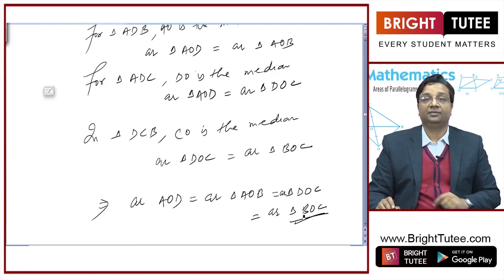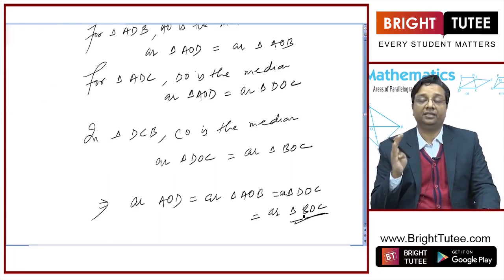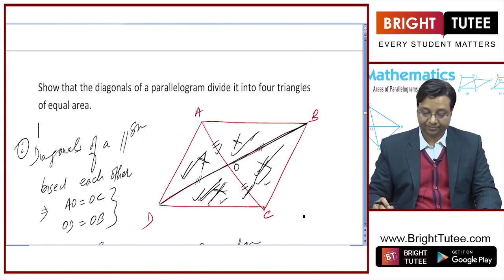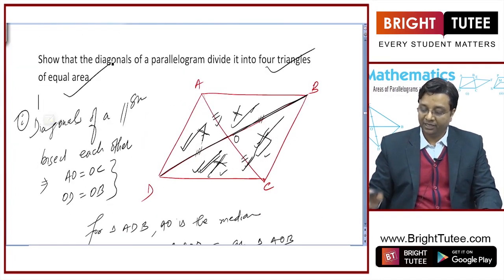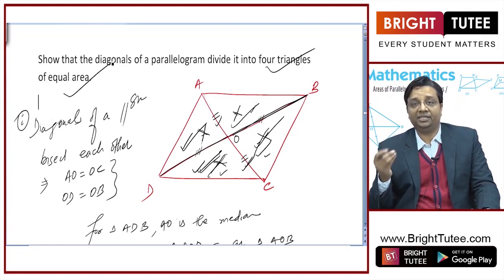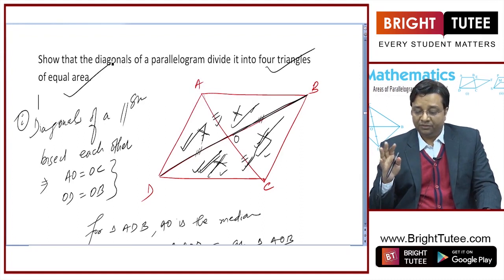So, the diagonals divide a parallelogram into 4 triangles having equal areas, right. This was the purpose of this question. Now, this is basic understanding that should carry forward with you even without this question.